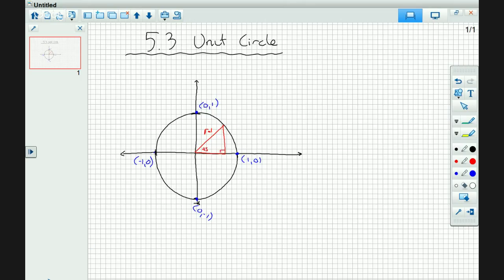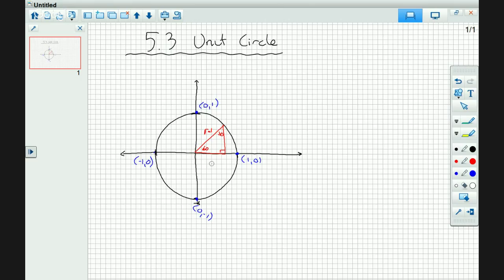That's a 45-degree angle. Let's make that 30 or 60. That'll make this 30, right? I already gave you that triangle.